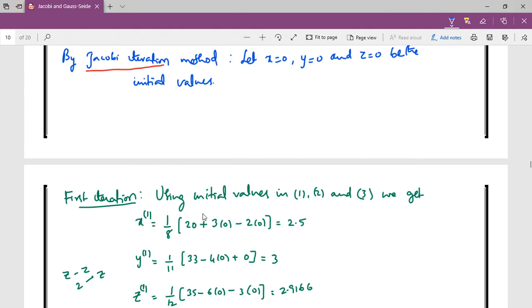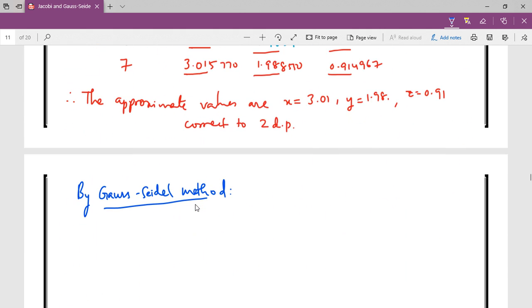We don't take x0 as the initial value because we are going to calculate x1 immediately. So for the Gauss-Seidel method, we take y is equal to 0 and z is equal to 0 as initial values.